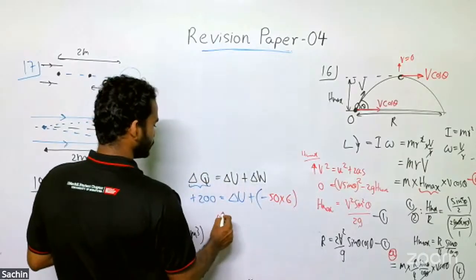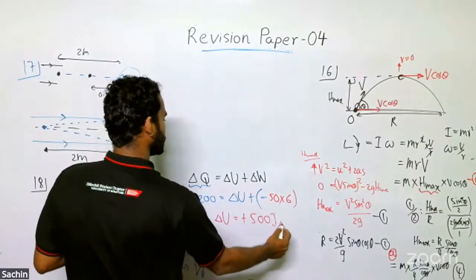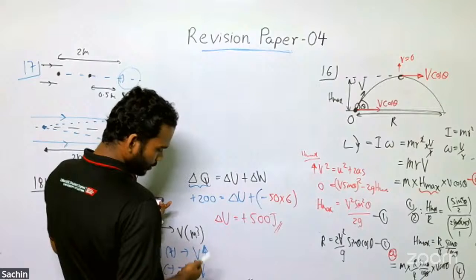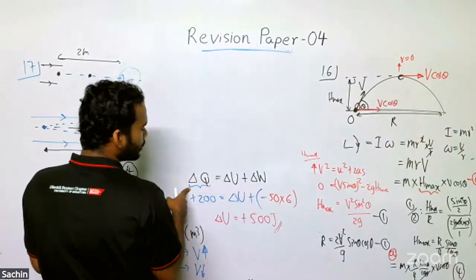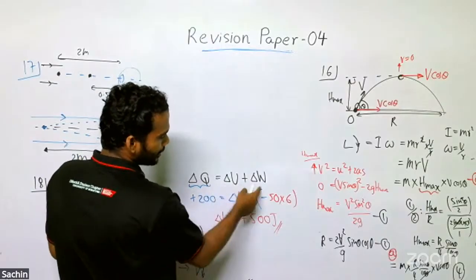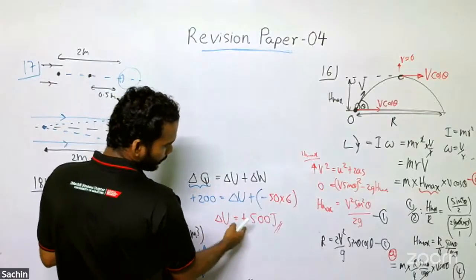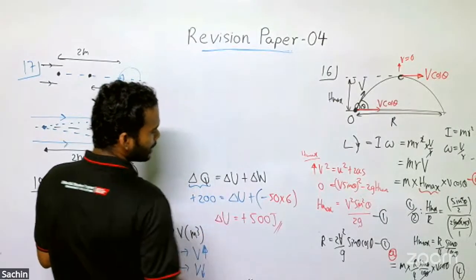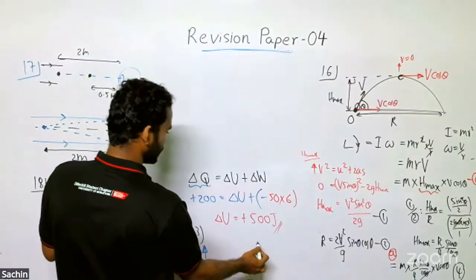So delta U comes to plus 500 joules. Delta U is positive, which means the internal energy increases, because the heat supplied is equal to the increase in internal energy plus the work. So the answer is the first.